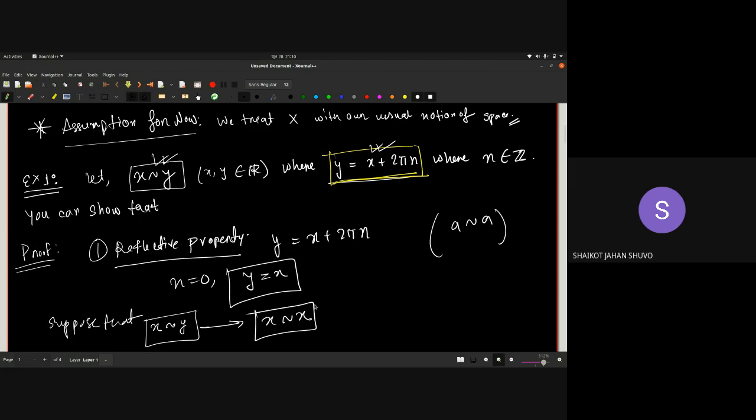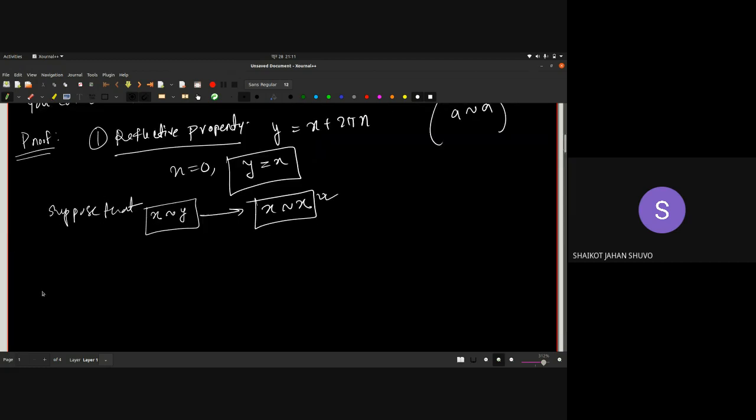So this is your reflexive property. And there is another way. Some people take n equals 0, and since the difference between them is 0, they call them equal, and when they're equal, they should be equivalent to each other. But I personally don't like that approach, so that's why I prefer this one. But you can do that as well.